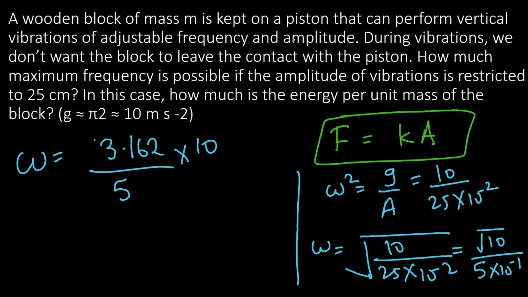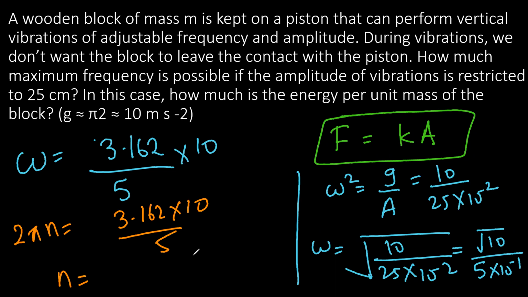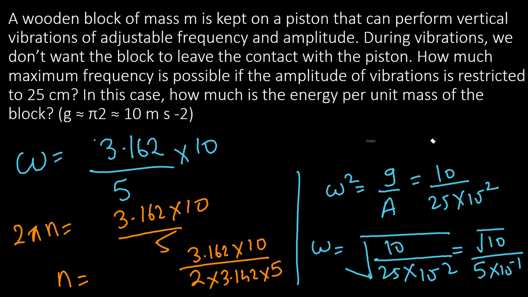What is omega? It's 2 pi n. This is 3.162 into 10 divided by 5. So n is 3.162 into 10 divided by 2 into 3.142 into 5. You have to solve all this using the log table.